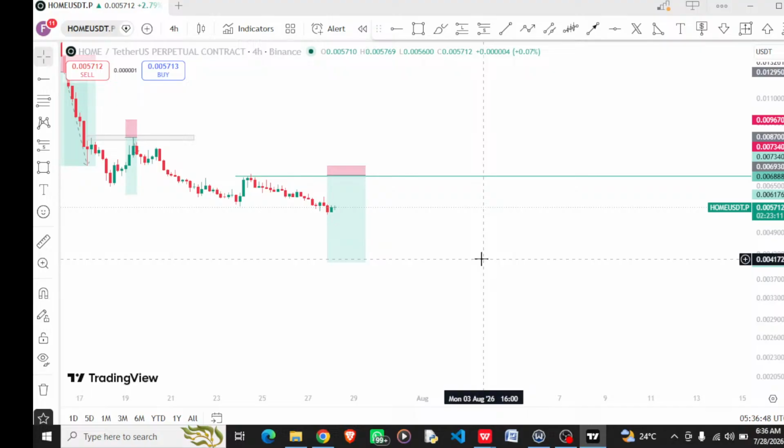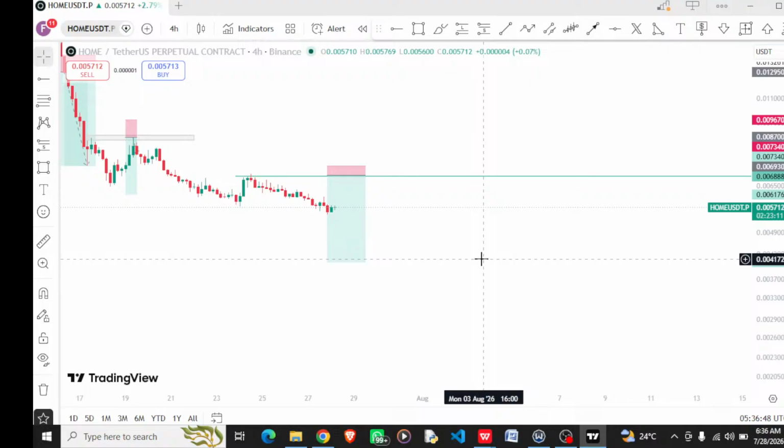So for better entry, use your 15 minutes for entry. That's if you have confirmed with your 4 hour that liquidity has been grabbed, and you respect your setup, then you can enter that market. That's if you are trading this kind of coin.